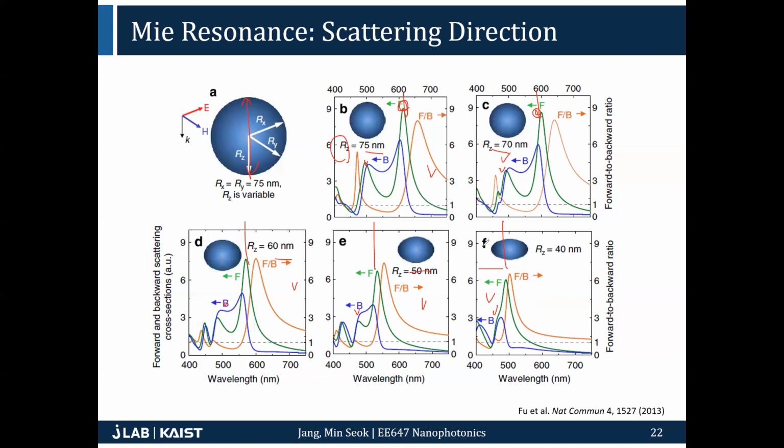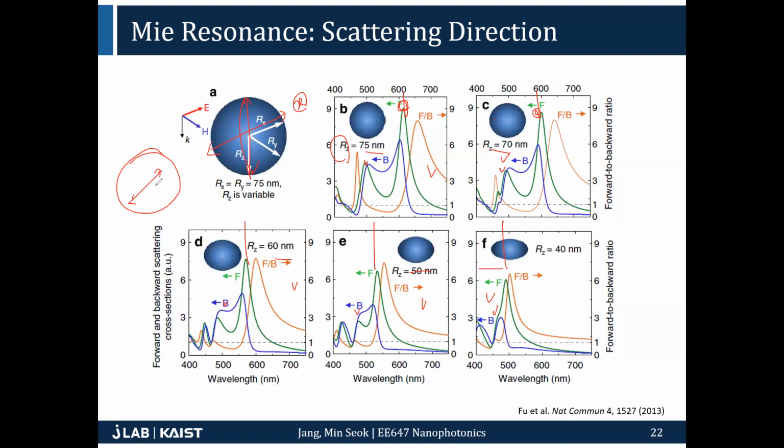That can be understood based on how the resonance occurs. The electric resonance is occurring along the x direction, right? So as you squeeze the particle along the z direction, the top view of the particle doesn't change.